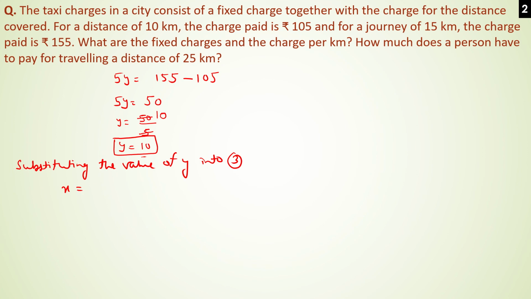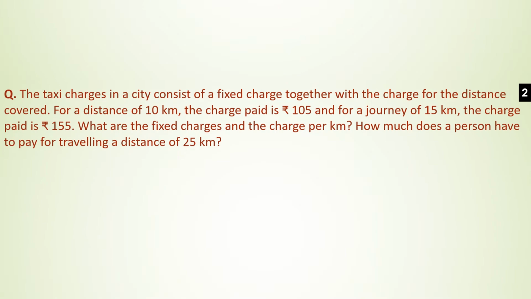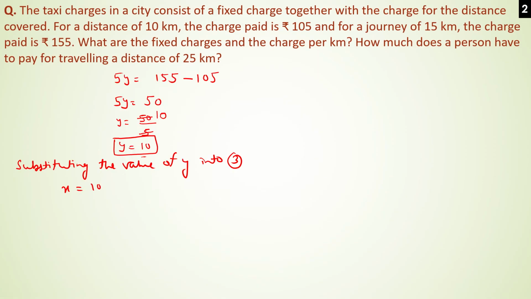We get the value of x as 105 minus 10y, 105 minus 10 times 10. So we get x as 105 minus 100. So it is 5.